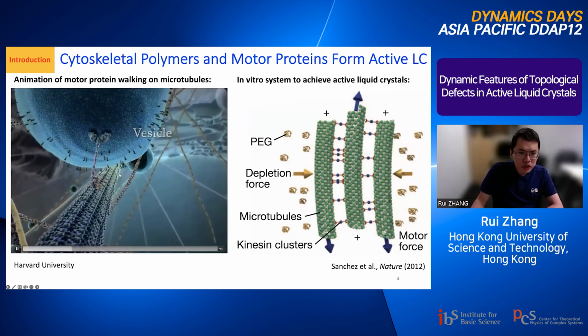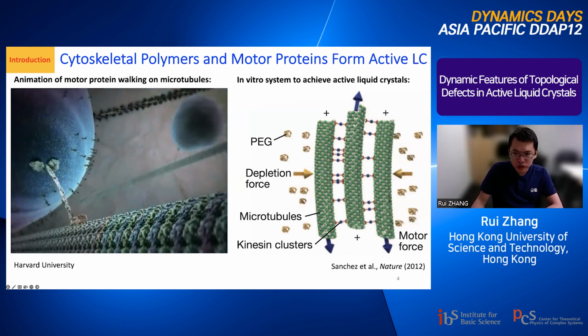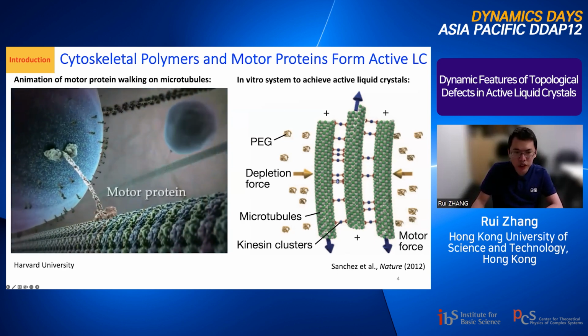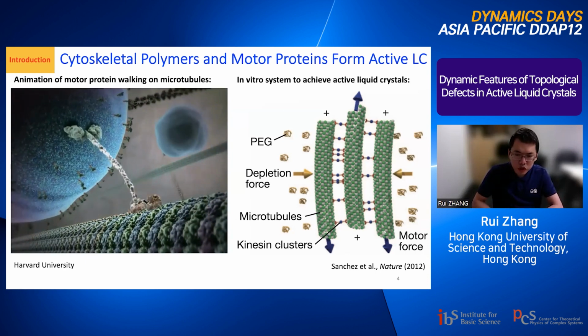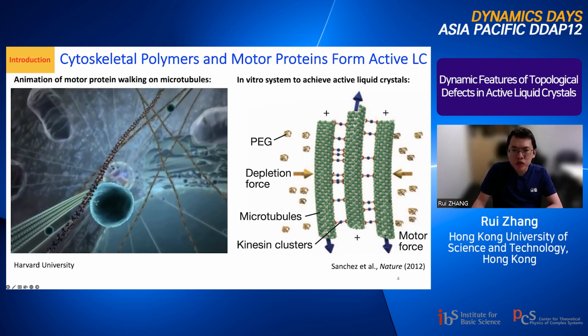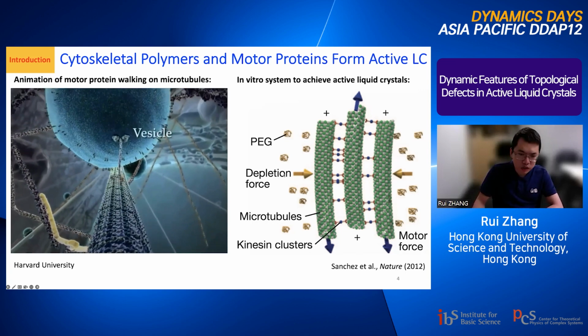They extract the microtubules and the motor proteins, here they call them kinesin motors. The kinesin motors can cross-link two microtubules, and the two microtubules can slide on each other due to the action of the motor proteins activated by ATP hydrolysis.